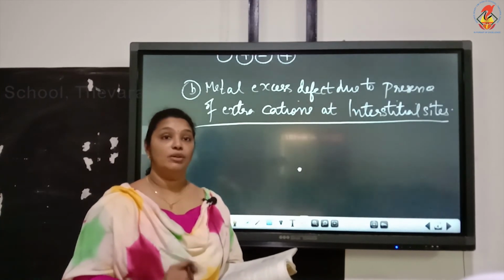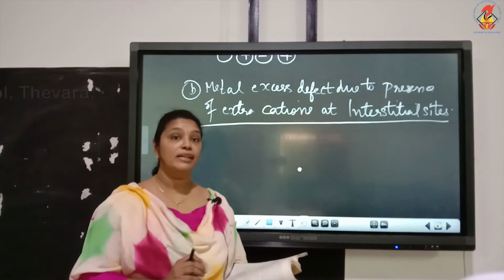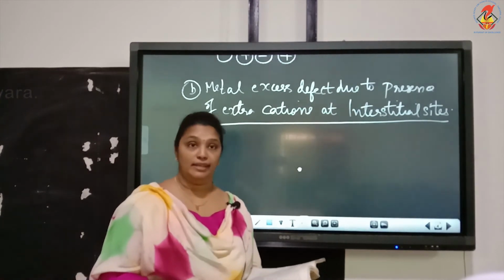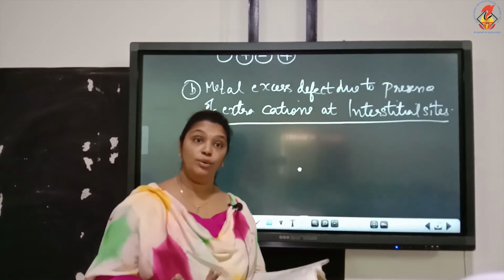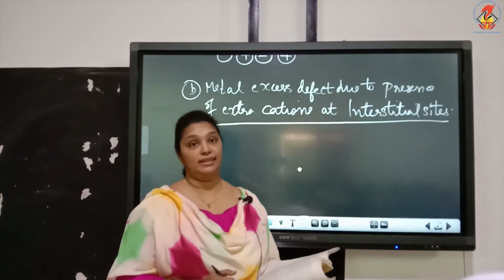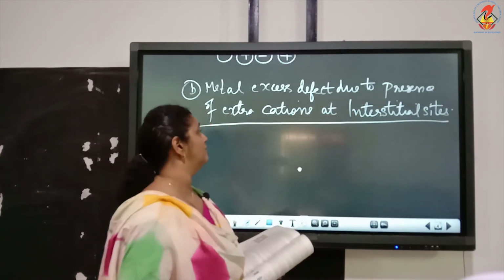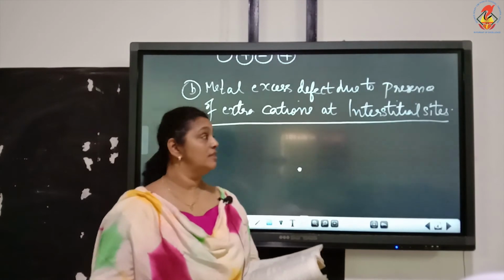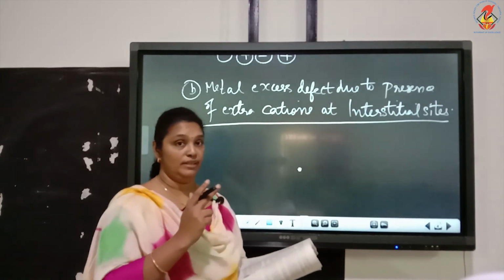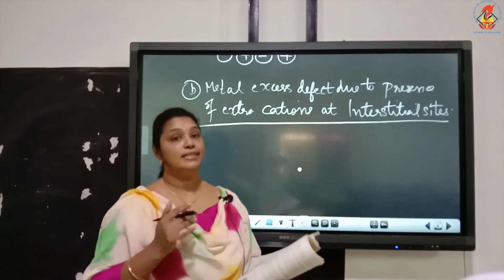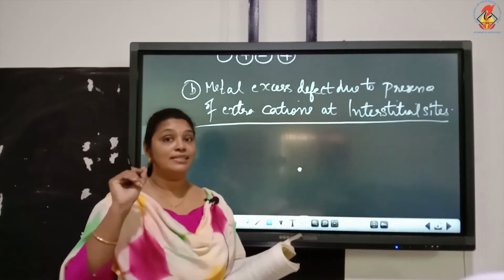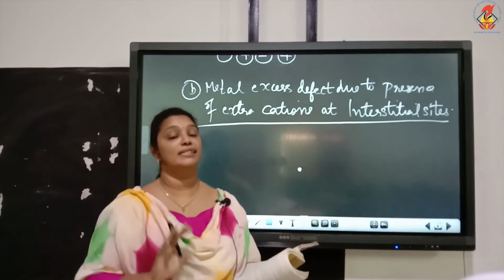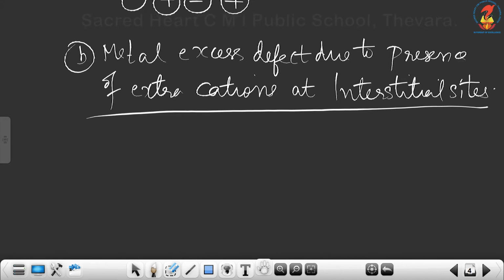Now, here also we have a very important question. Zinc oxide is colorless, but it turns yellow on heating. What is the reason? The reason is based on this. That is metal excess defect due to the presence of extra cation. Which is the cation in zinc oxide? Zinc ion at interstitial sites, means at the vacant sites. Now, what happens when you heat zinc oxide?